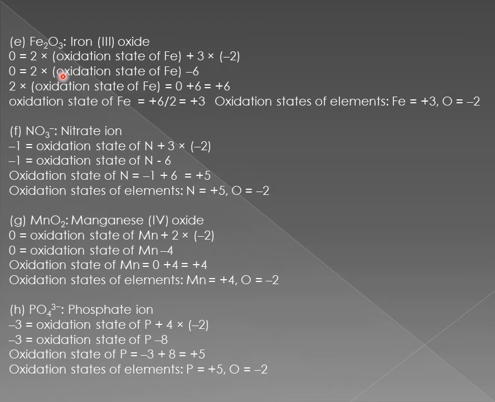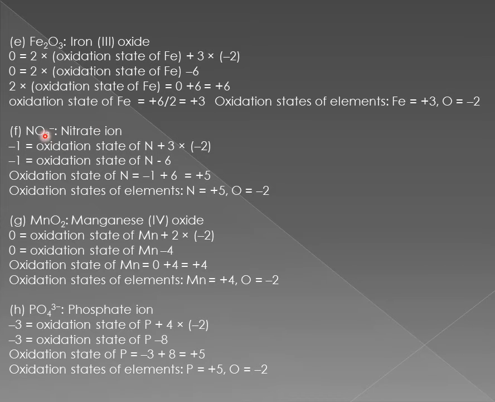So 0 equals 2 times iron -6. The -6 will move to the other side, it will be +6. So 2 times iron equals +6. So 1 atom of iron equals +6 divided by 2, equals +3. So the oxidation state of iron is +3 and oxygen -2.